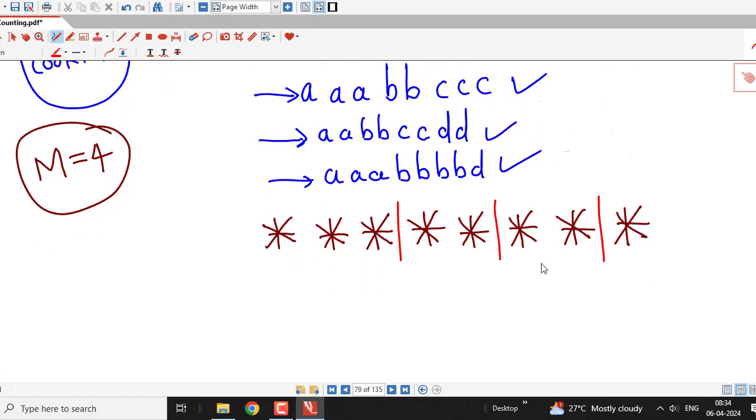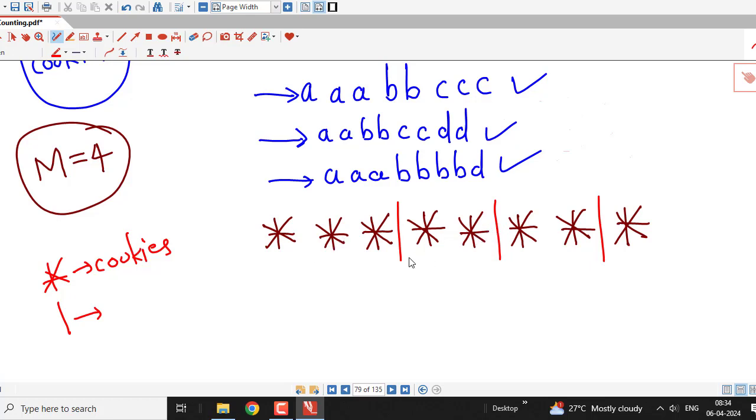Suppose I am taking these 3 bars and I am using star to denote cookies. Star denotes cookies, and I am taking bar to decide the different selections of 8 cookies.